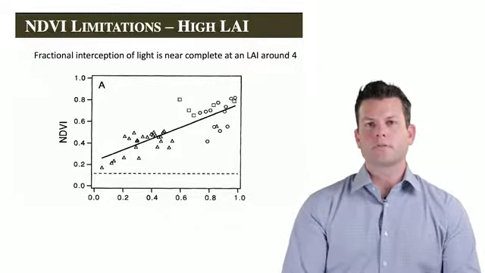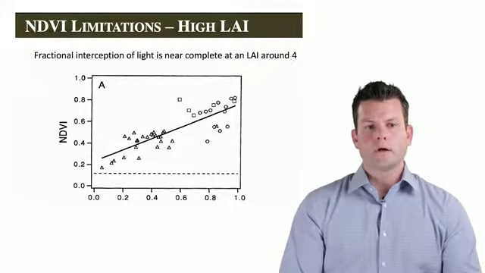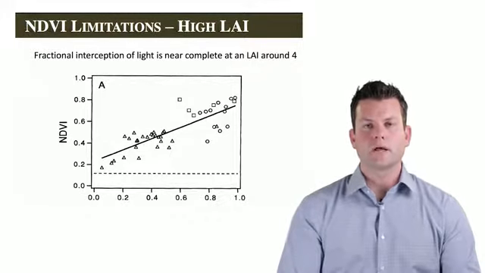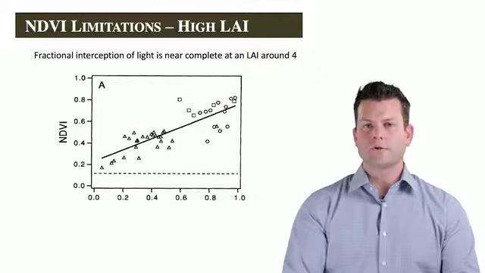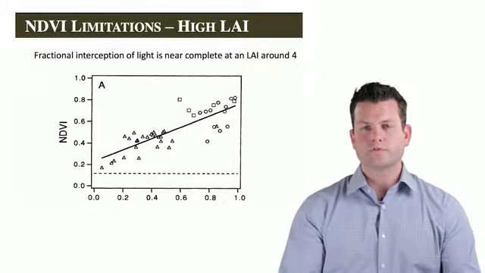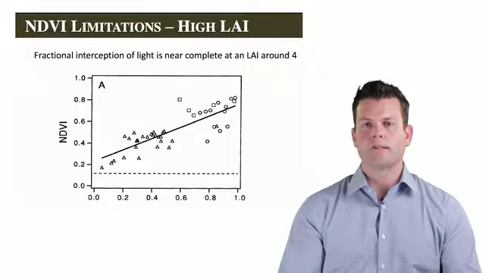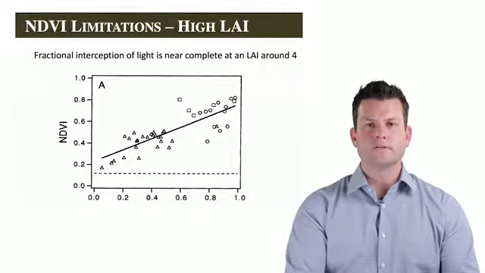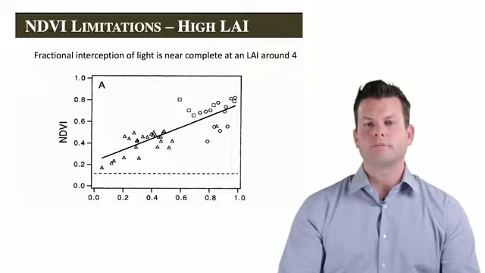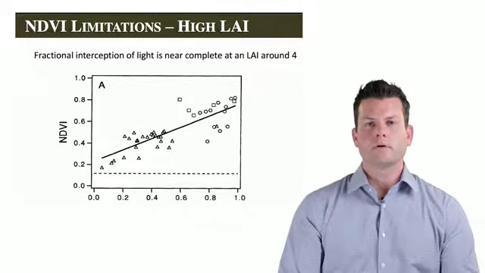This is just because canopies tend to be pretty efficient at intercepting light. And once we get to an LAI of about 4, most of the light has been intercepted or absorbed by the canopy. And incremental increases in LAI don't significantly affect the FPAR variable much more.